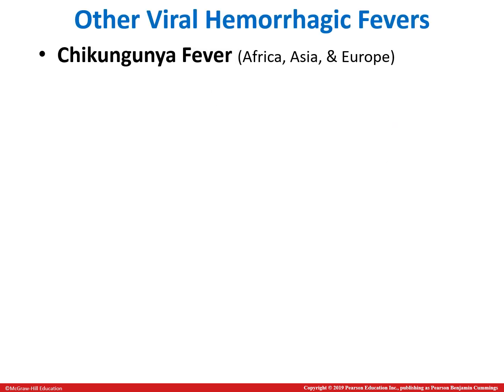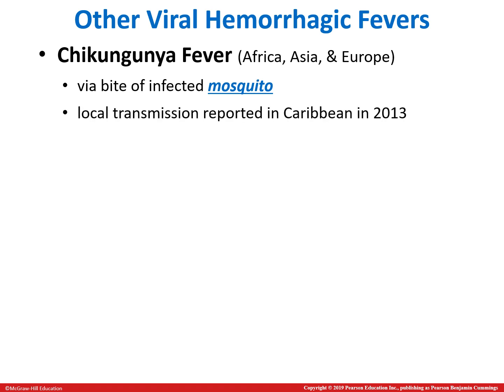And then we'll just touch on some of the other viral hemorrhagic fevers that are not quite as commonly known, which include the chikungunya fever, which is endemic to Africa, Asia, and Europe. This one is a mosquito-borne viral hemorrhagic fever that was actually diagnosed in the Caribbean as locally transmitted.